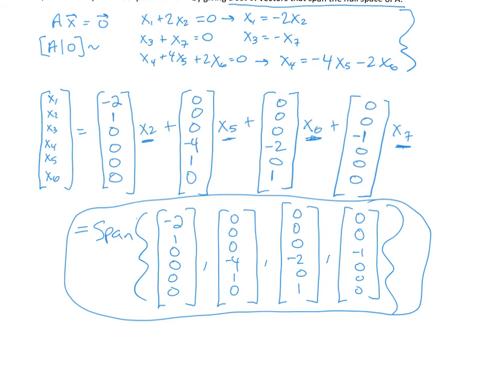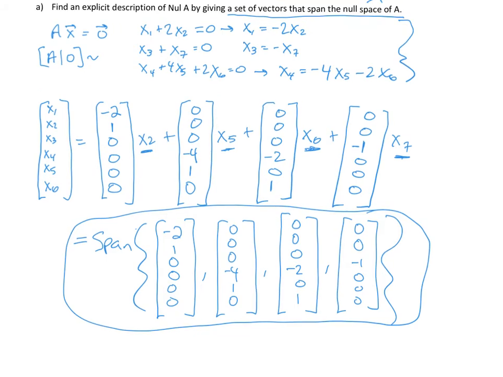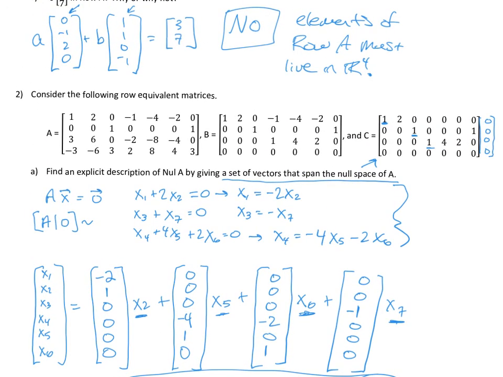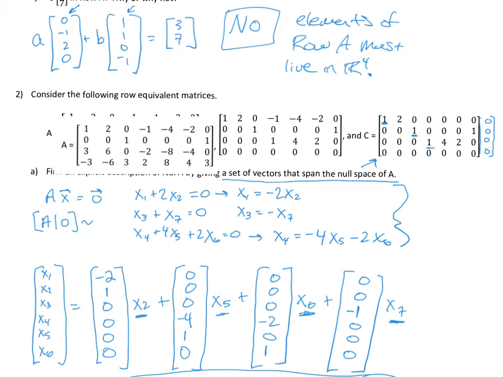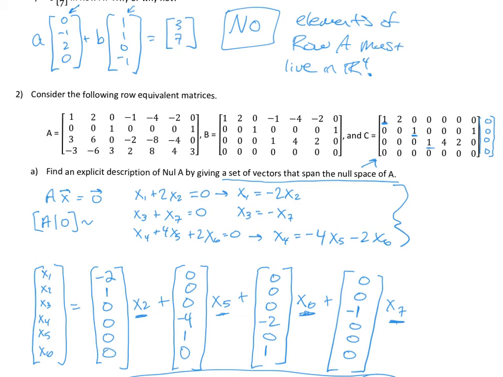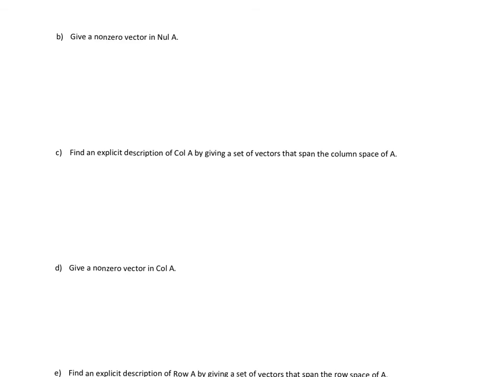Make them all 1. I'm going to copy this to the next page. So I'm going to copy A. Okay, give a non-zero vector in null A. Okay, so I'm just going to jump back here.